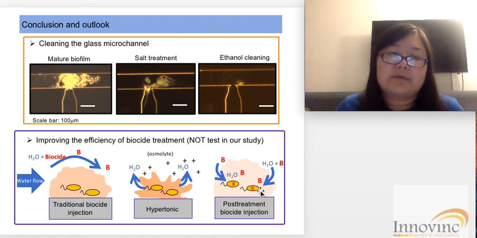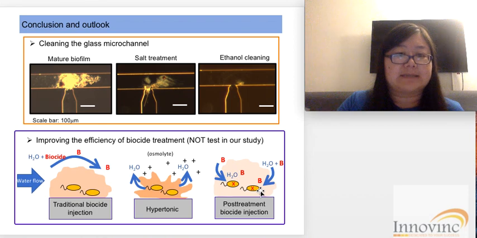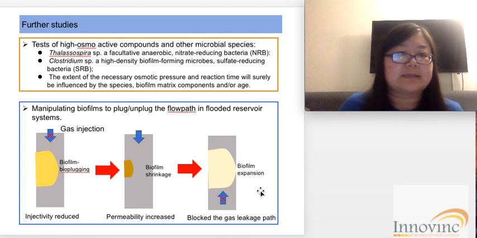Unfortunately, we didn't test this in our study because the biocide might change the surface conditions of the glass. So if we have the opportunity, we want to test this in further studies.